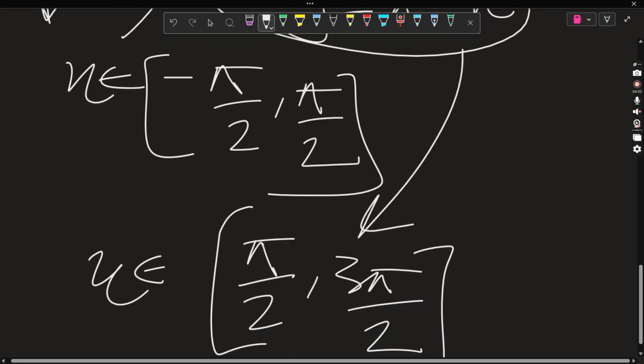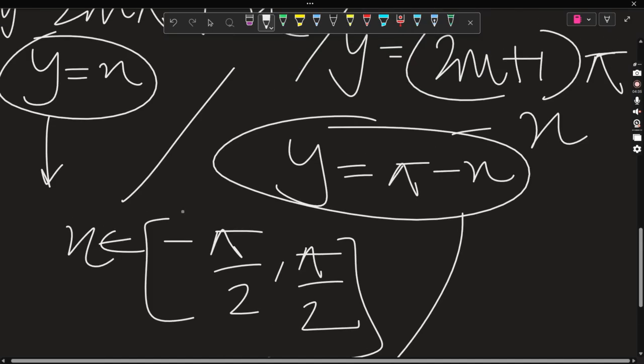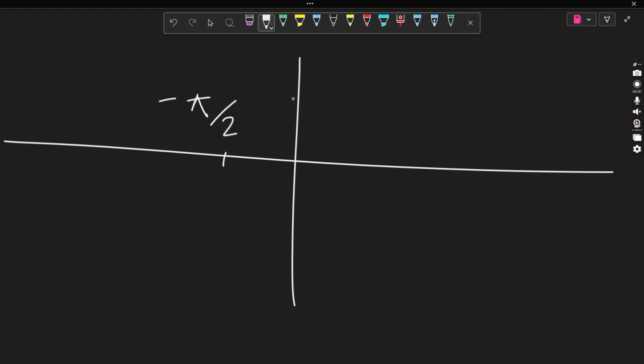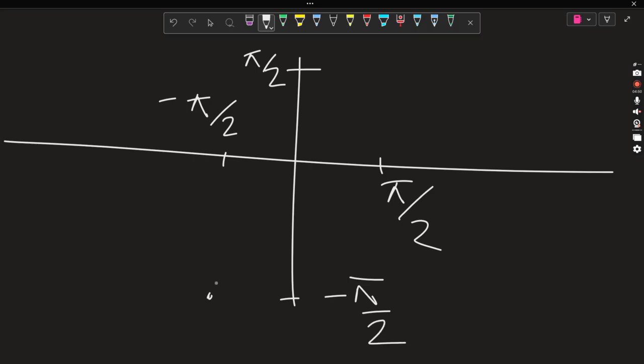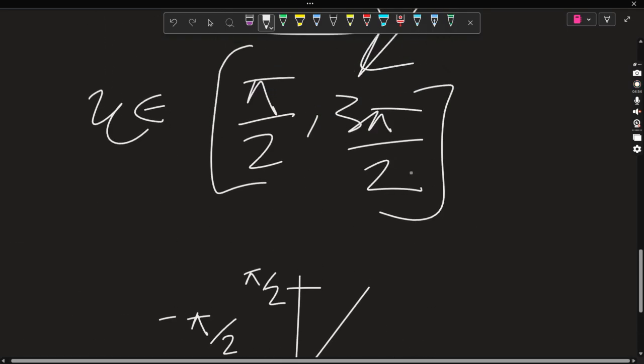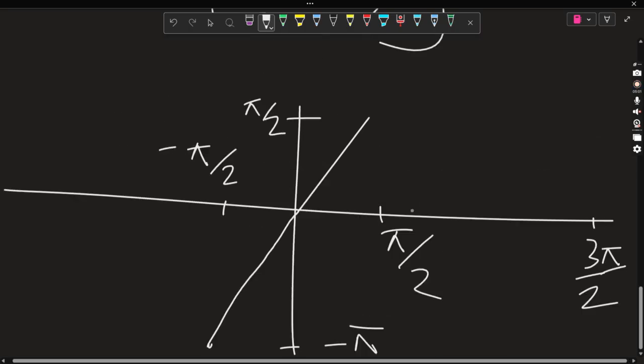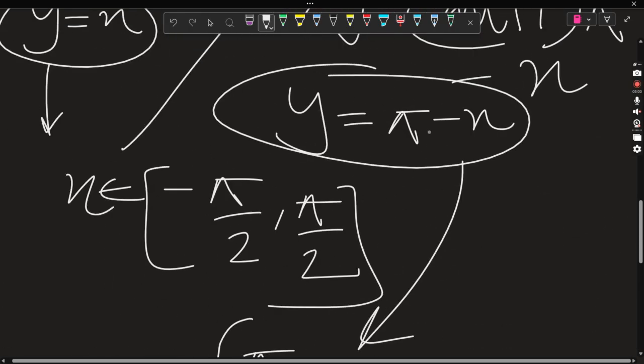Now we have to just construct the graph for this interval. In case of minus pi by 2 to pi by 2, this is what you must get. And then in case of pi by 2 to 3 pi by 2, this is an interesting one. If you look, your function is y is equal to pi minus x.